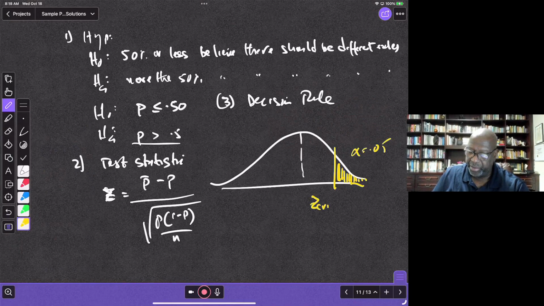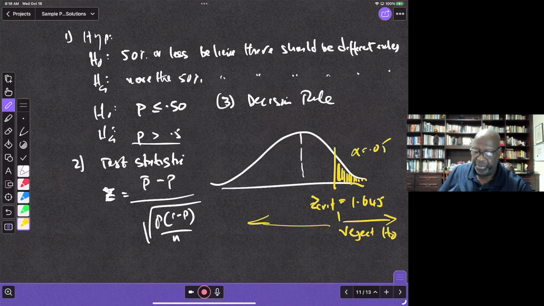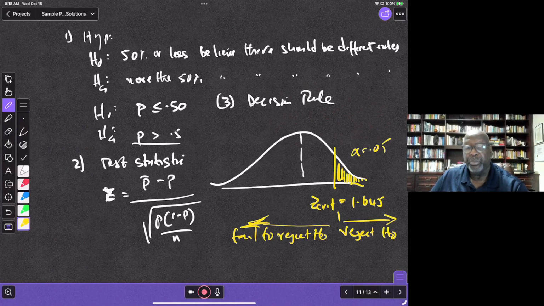This is our Z critical. With 5% in the tail, 1.645 is our critical value. You should know that by now. Reject the null hypothesis if we're in this region. If we're in this region, we fail to reject the null hypothesis. Cool. So that's our decision rule.